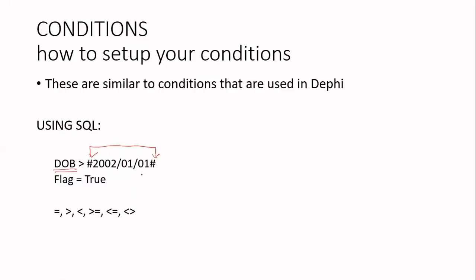That's one of the rules that we'll use when working with SQL. A Boolean is true or false. It works in the same way as we would do in Delphi. And then all of these operators are available to us. We can check if something is equal to, greater than, less than, greater than or equal to, less than or equal to, and you can also check not equal to.